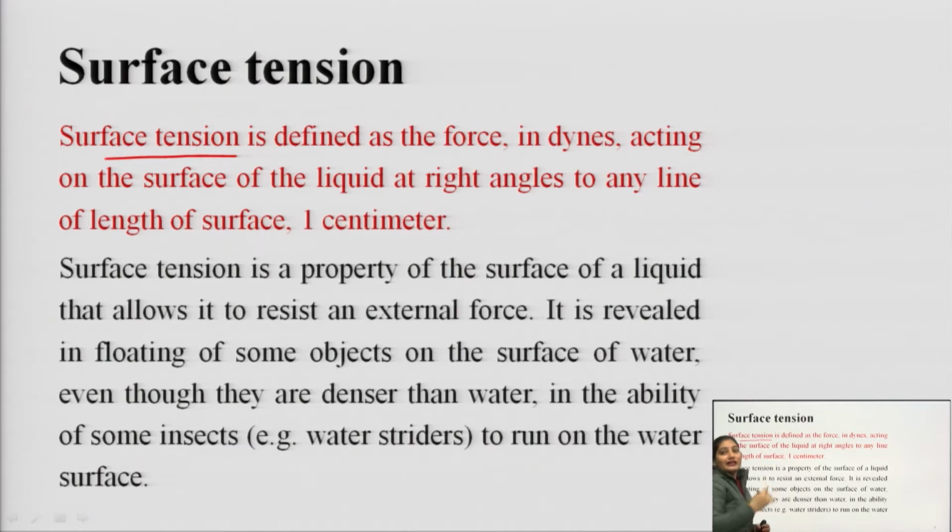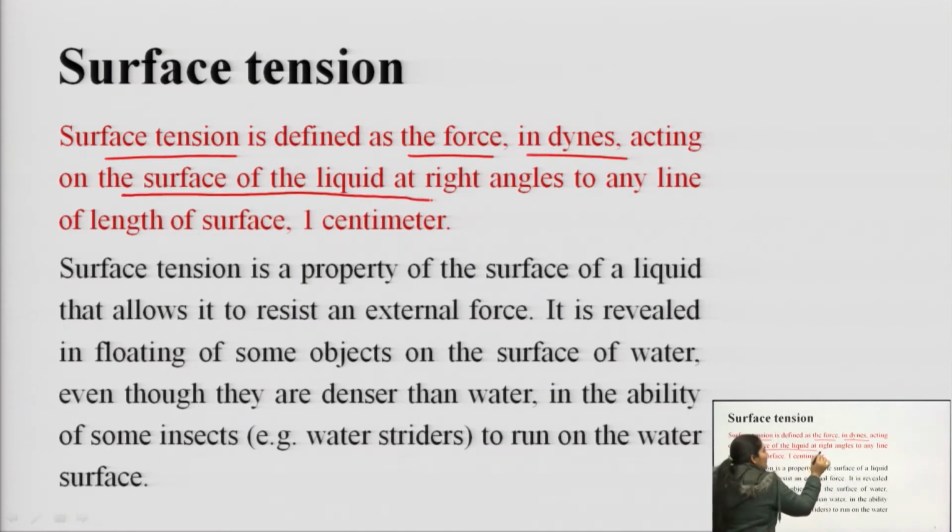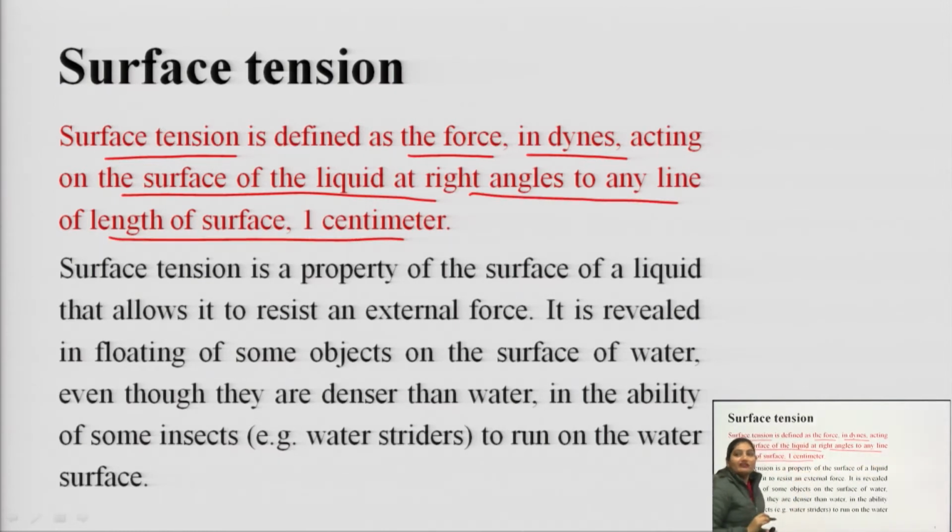Surface tension is the property, or the phenomenon, that is defined as the force in dynes acting on the surface of the liquid at right angles to any line of length of surface 1 centimeter, and this is represented by gamma. Okay. So, it is a property of the surface of a liquid that allows it to resist an external force.